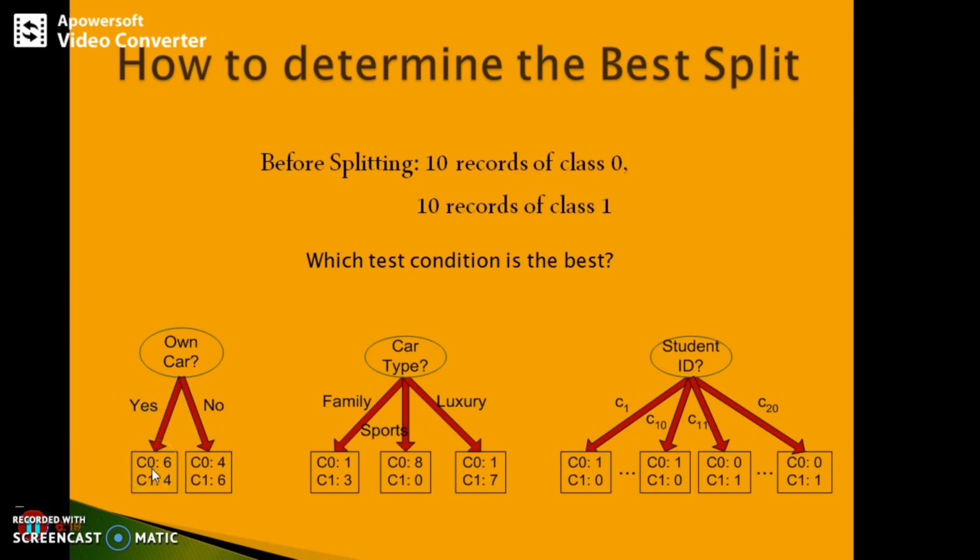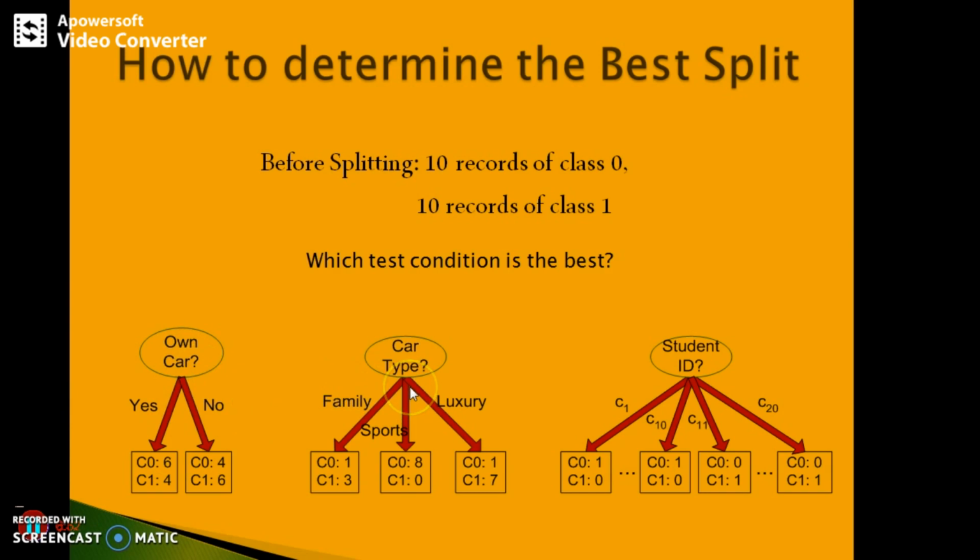The classification should be such that all the records which belong to a particular class satisfy the given condition. There should not be any mixture of records belonging to 2 different classes. So this is not a good classification. Come to this again, it is the same thing. 4 records for C0 and 6 records for C1 satisfy the given condition. This is also not a good classification. So the attribute you have chosen for the classification is not the best attribute.